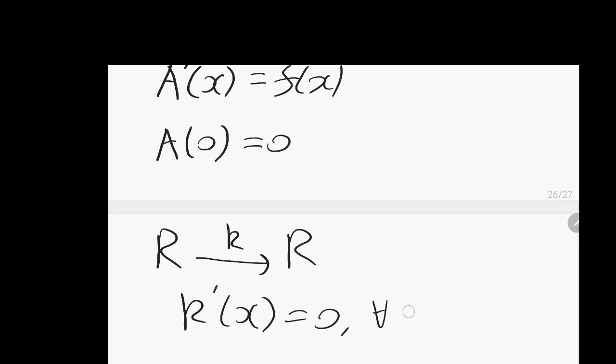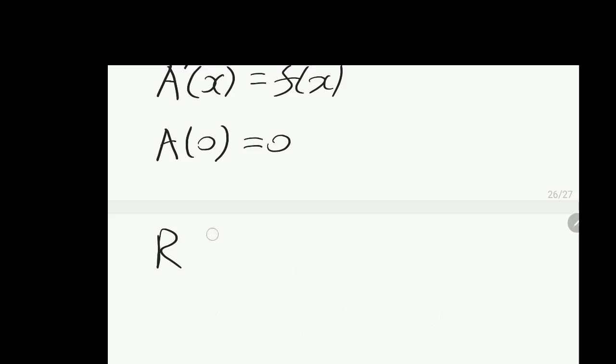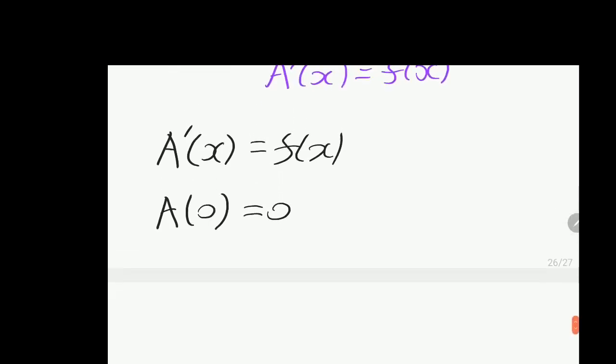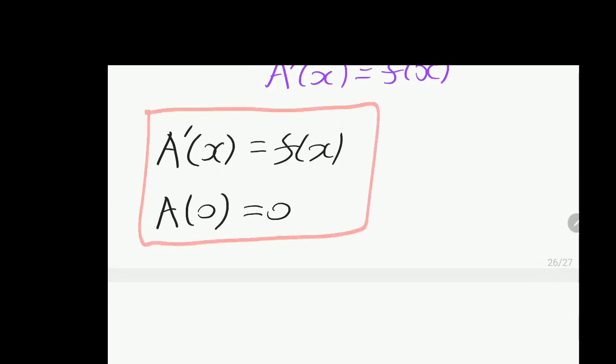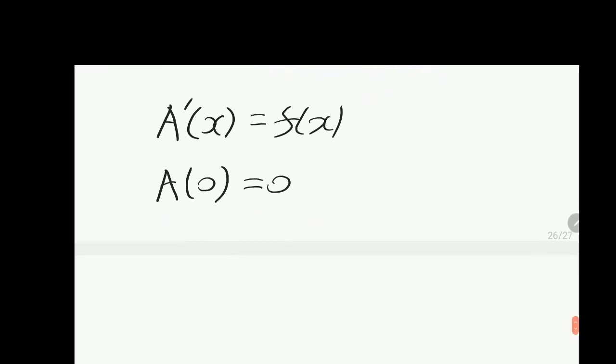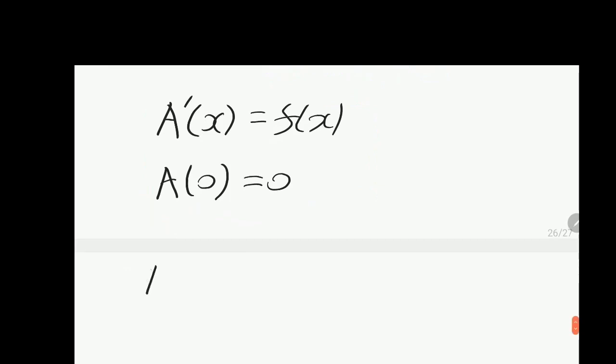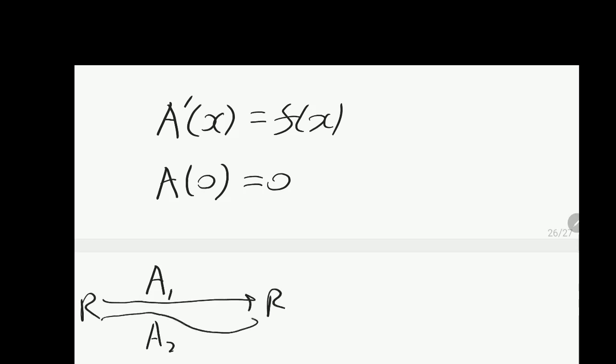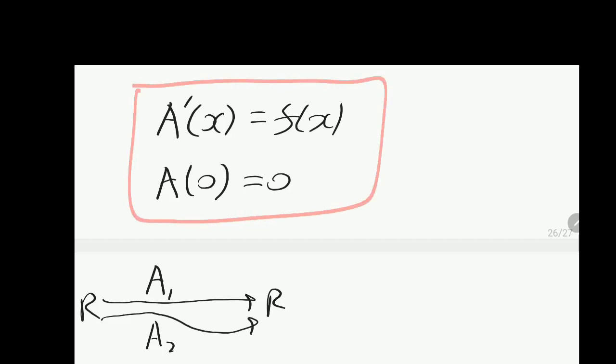Okay, so let's see how we can use that to actually work out that these integrals or area functions that we've been discussing are uniquely defined by these properties. So in particular, let's suppose that we have two different functions, A1 and A2, and these are both functions from R to R, and let's say that both of these functions satisfy these properties, and what we want to do is show that these two functions are actually equal.